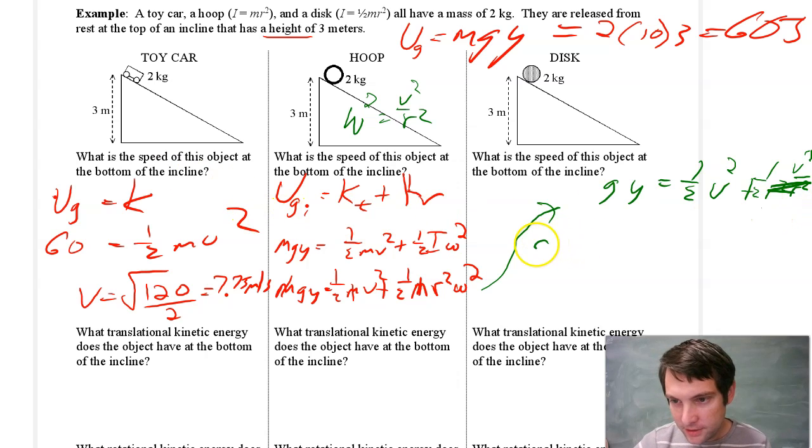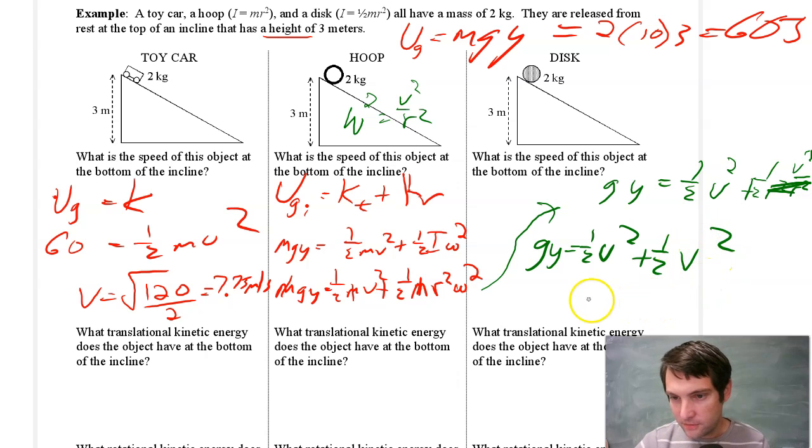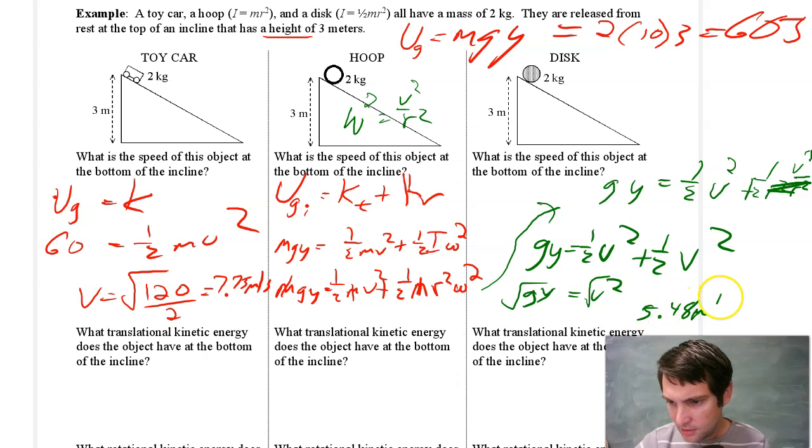And when I rewrite this, I get gy equals 1/2 v squared plus 1/2 v squared, which is just v squared. So gy equals v squared. Square root of that, square root of that. It's just going to be square root of g times y, which I got to be 5.48 meters per second.